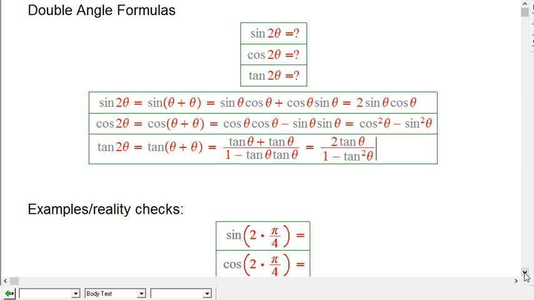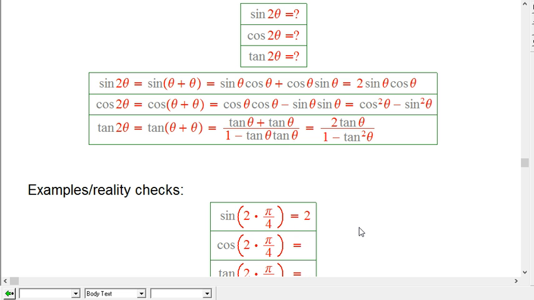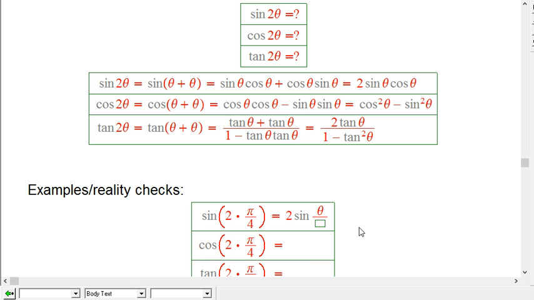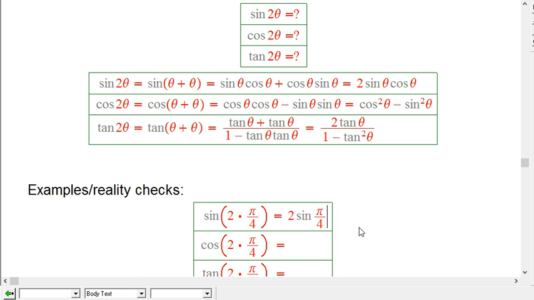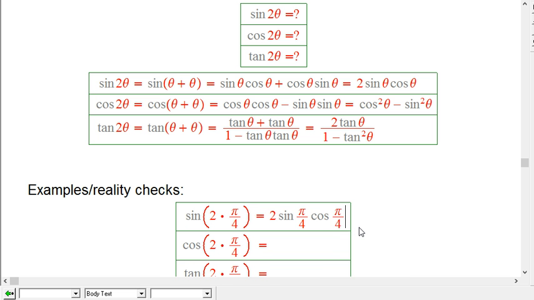Let's make things a little more concrete by just plugging in some numbers. Sine of 2 times pi over 4. This is pretty easy to calculate directly, but let's hold off on it a sec. Let's go ahead and use this formula, and then we'll double check, because we really know the answer. So this is 2 sine pi over 4 cosine pi over 4.